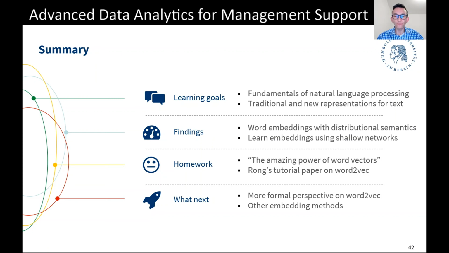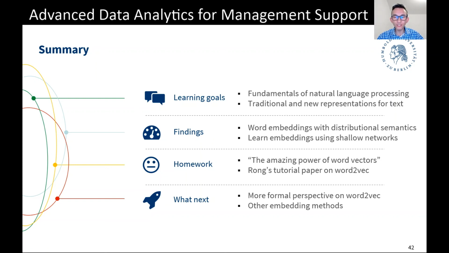And as homework, I would like you to further read on these word vectors and embeddings. There is a nice blog, The Amazing Power of Word Vectors, that you'll find in the literature slides, and also a tutorial paper by Rong that does a very nice job, I believe, in explaining the functioning of Word2Vec.